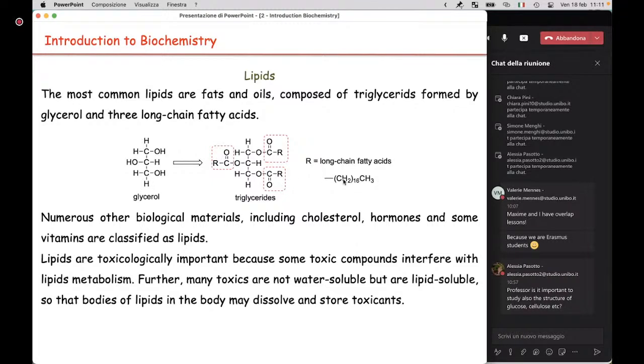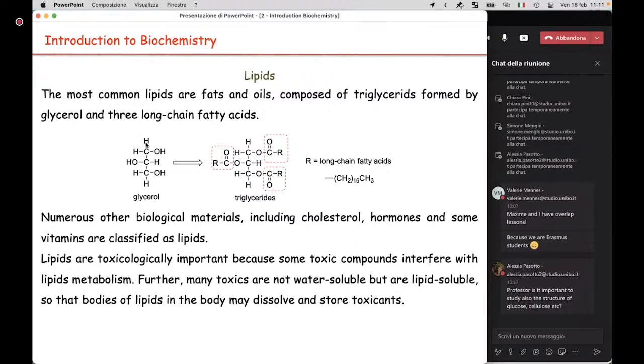So it is this chain made from 16, 17, 20 carbons, and at one end we have a carboxylic group, an acidic group, COOH, and this acidic group is bonded to the oxygen group, the alcohol group of glycerol.